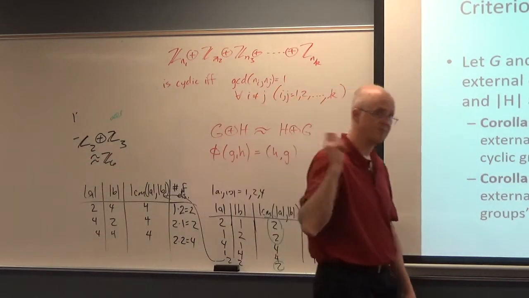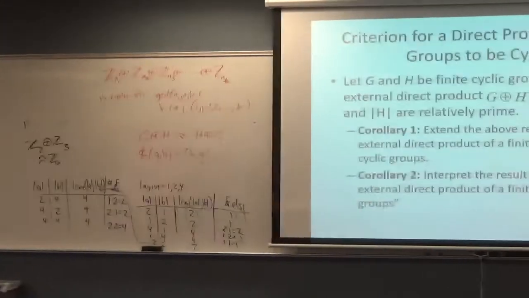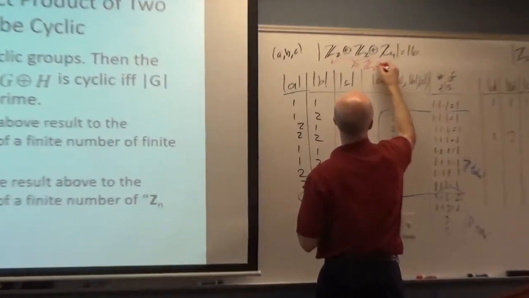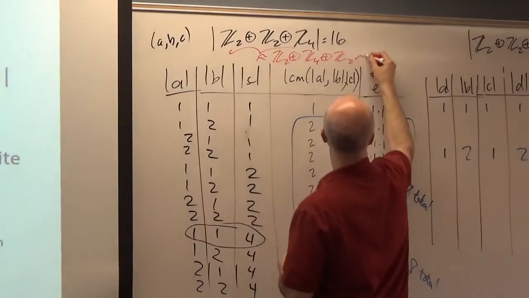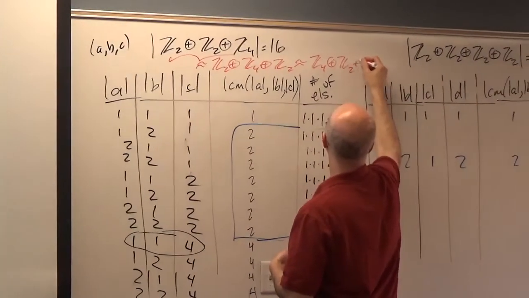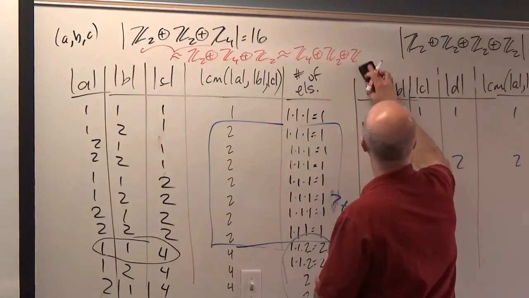Okay, that's worth knowing. So this group, for example, here is isomorphic to, for example, this. I guess those are the only 3 different ways of writing it.